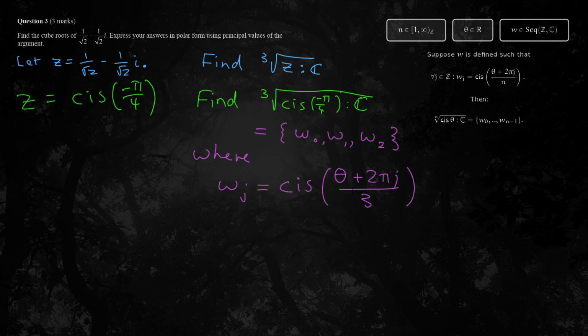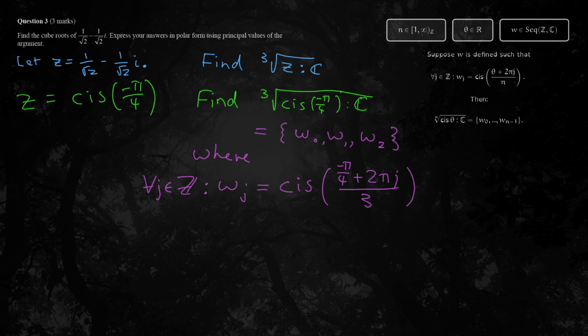And we actually know what theta is, because this is our theta. So if we want to, we can just put it straight in. I think it's a bit clearer actually to put it straight in. So put negative pi on 4 there. And these are our wj's. We wanted to find this for all j in the integers. Or if we wanted, we could just define it for j in 0, 1, 2. That would also be okay, but it's a little bit less notation to just put this Z in.